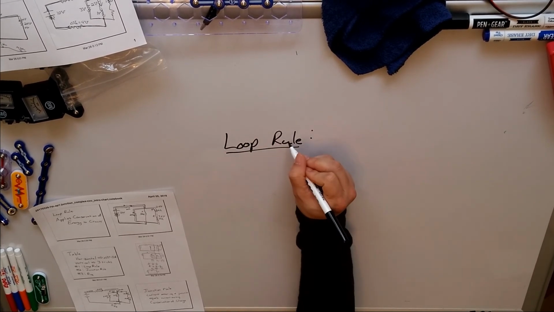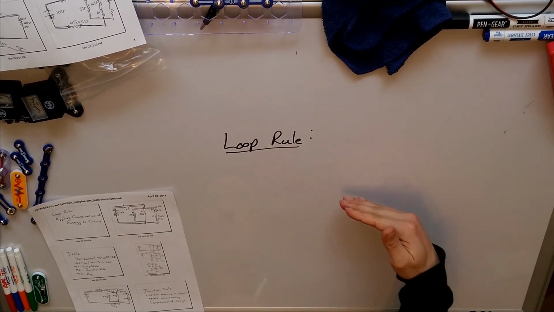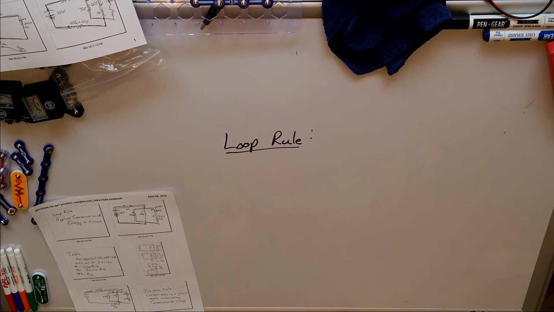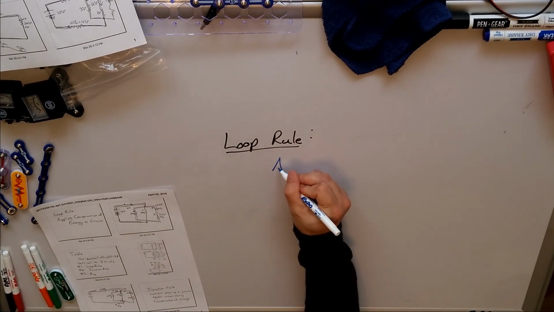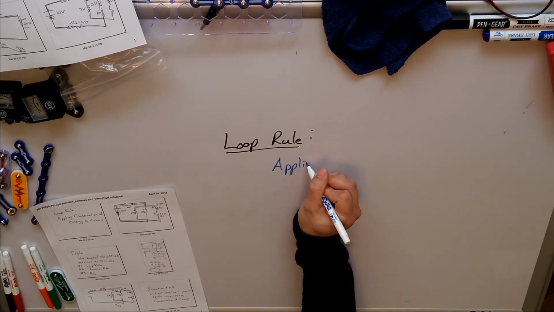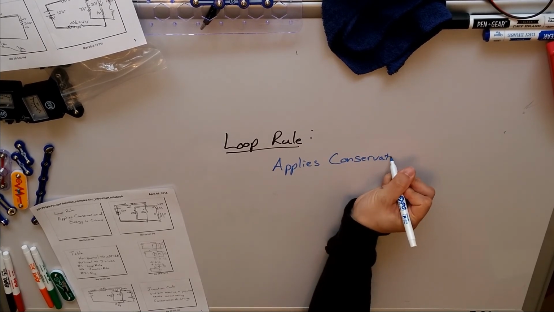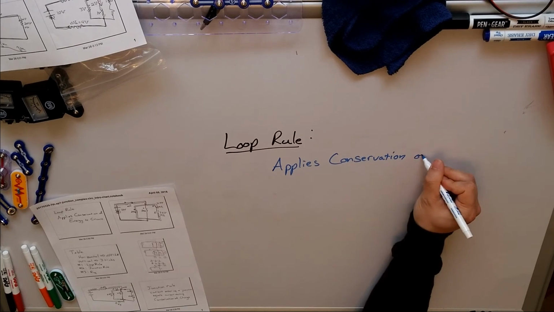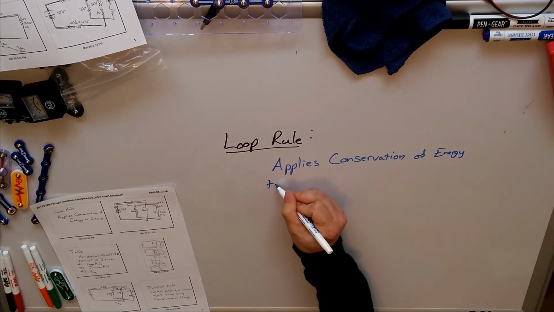The reason loop rule is so applicable is basically, well, you saw, if I go up 30 meters and I have to come back to where I started, I have to go down 30 meters. In short, loop rule is actually based off of conservation of energy. The loop rule applies conservation of energy to circuits.